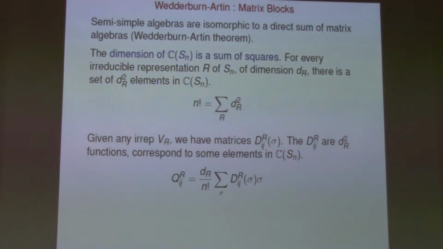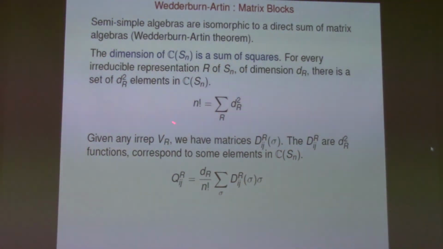Take every irreducible representation of Sn, calculate the dimension of that irrep, take the sum of squares, and you're going to get n factorial. So for example, for S3, you have three representations: symmetric, antisymmetric, and a mixed symmetry. The mixed symmetry has dimension 2 for 3 boxes. So 2 squared plus 1 squared plus 1 squared is 6.